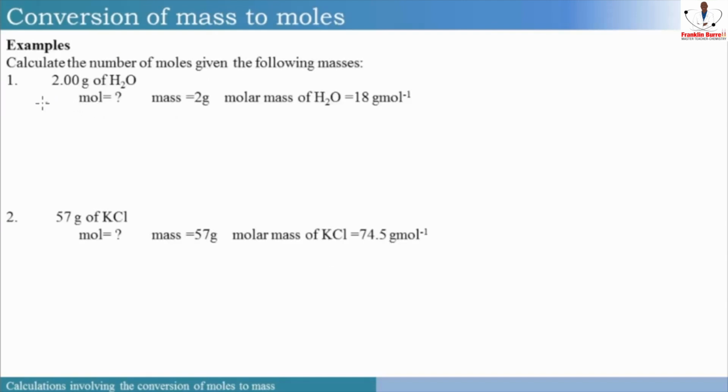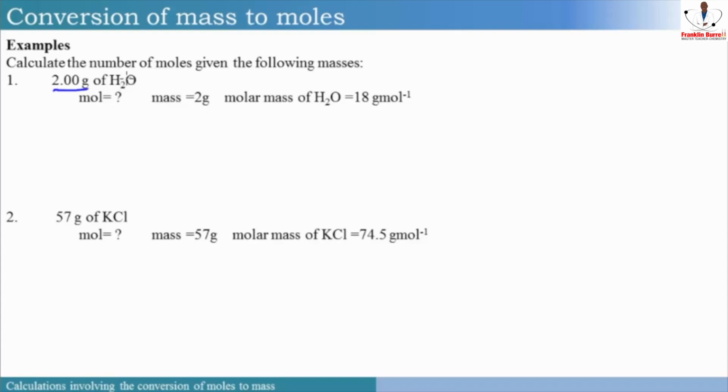Now look at example 1. We are going to calculate the number of moles given the following masses. So the first thing we must do is to identify the information that is given in the question. So here you see 2 grams of water. So 2 grams of water is giving us a lot of information. 2 grams is saying that our mass is 2 grams.